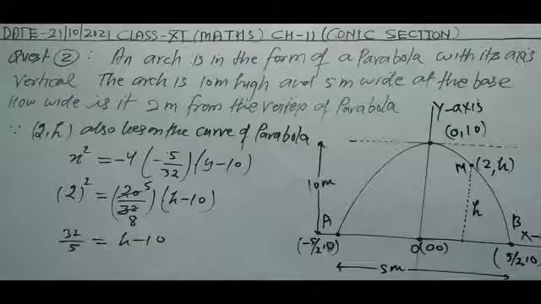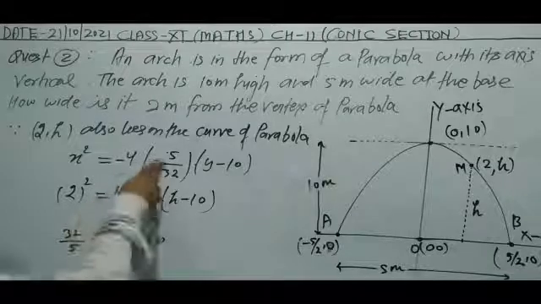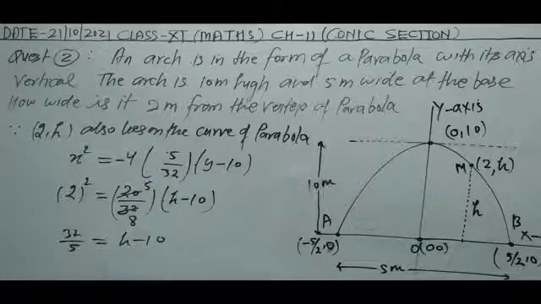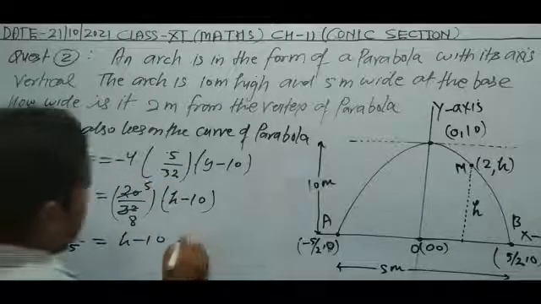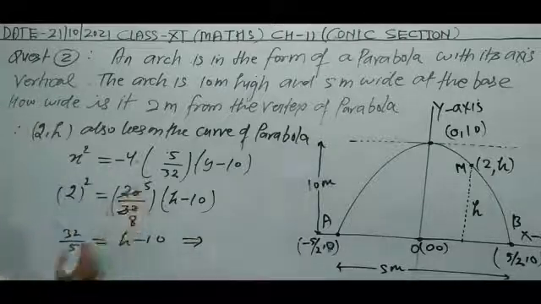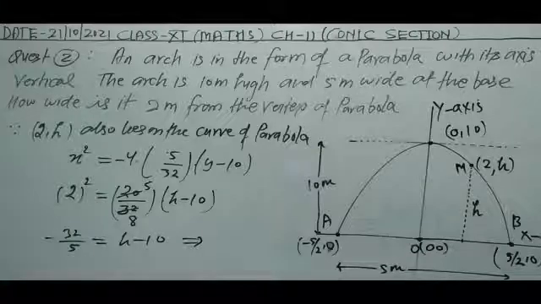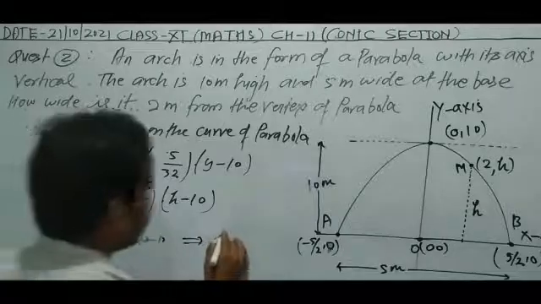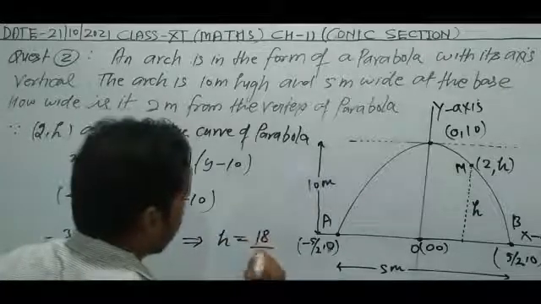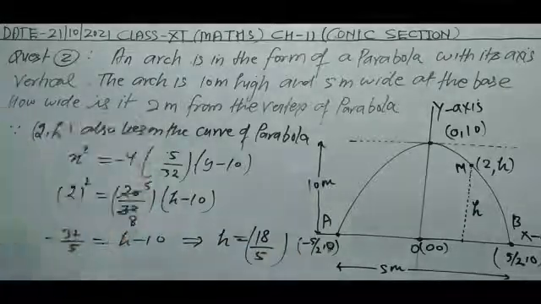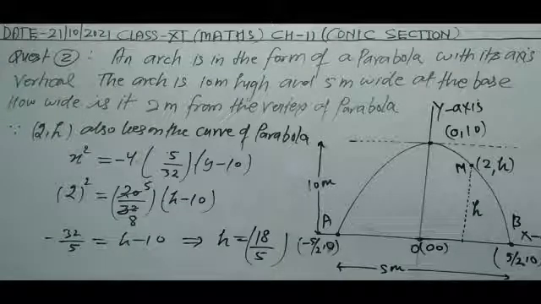The signs work out so that h minus 10 will be equal to 32 by 5. Now the calculation gives h is equal to 18 by 5. This is h.